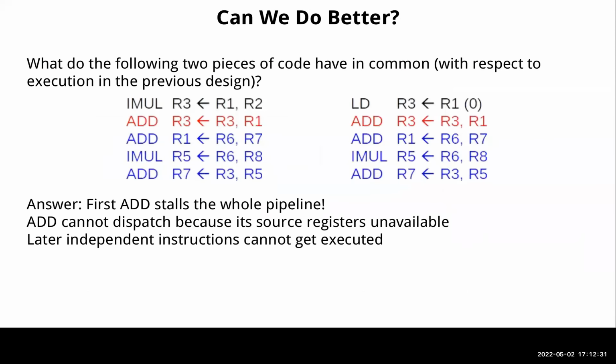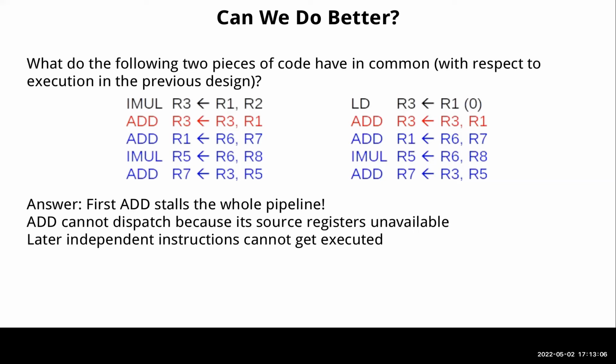Let's look at two examples. Those are two assembly code snippets, each with 5 instructions. Let's take a look at the left-hand side one. The first instruction multiplies the values in registers R1 and R2 and puts the result in R3.